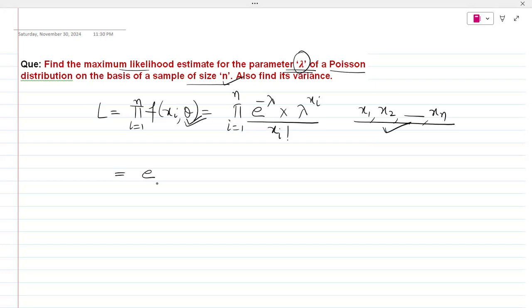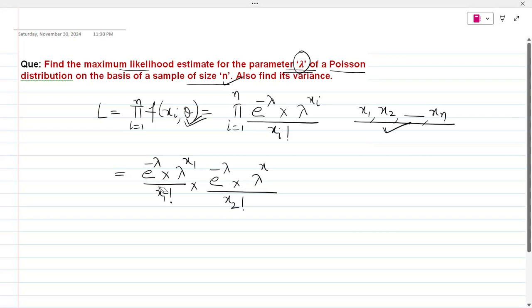Actually, it will be e to the power minus lambda into lambda to the power x1 divided by x1 factorial, then e to the power minus lambda, lambda to the power x2, divided by x2 factorial, and so on, up to xn factorial.